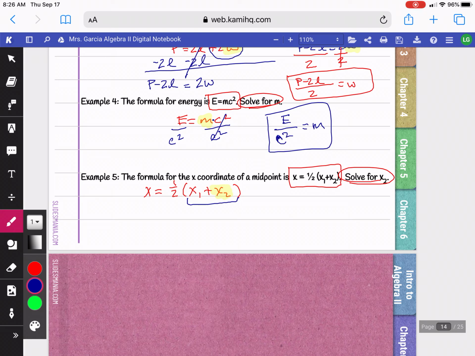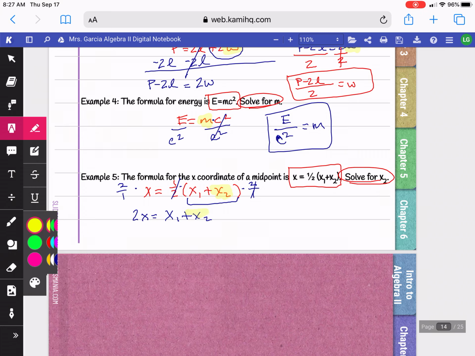We would have to undo that 1/2. The opposite of multiplying 1/2 would be to multiply the reciprocal. Remember, the reciprocal of 1/2 is 2/1. And what you do to one side, you do to the other. Here our fractions cancel out. Remember, 2/1 is just 2, and 2 times x is 2x. And on the right side, we're left with x1 plus x2. You don't have to put those parentheses anymore because that's all that's left.